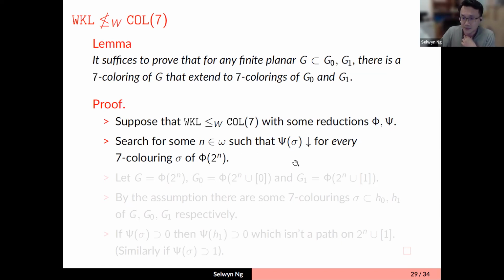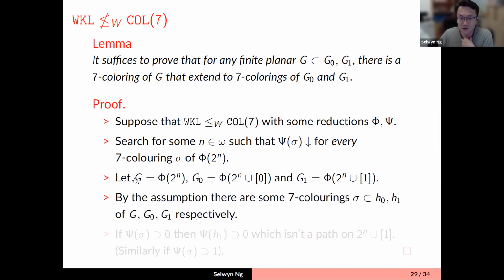And once you get this n, you then take the graph G to be the output of the first n layers of the full binary tree. And G0 and G1 are just simply the 2 extensions of G, where in G0 we delete all the infinite paths extending 1, and in G1 we delete all the infinite paths extending 0.